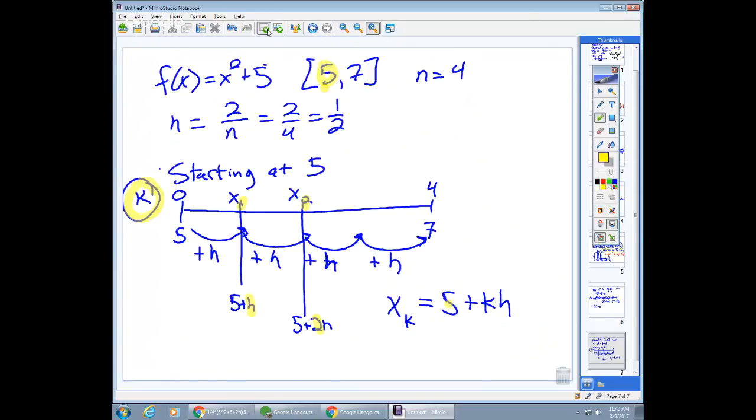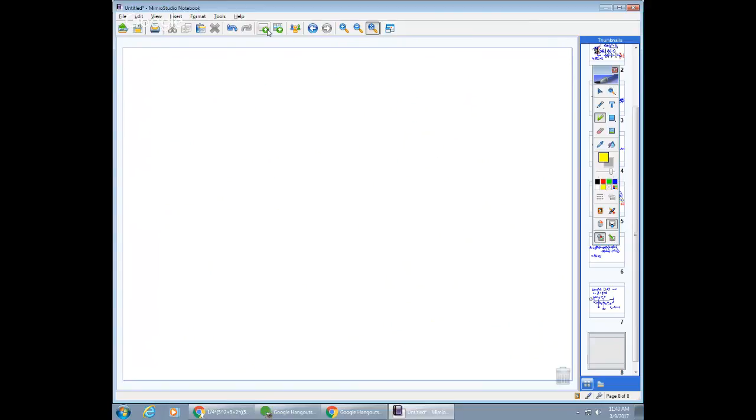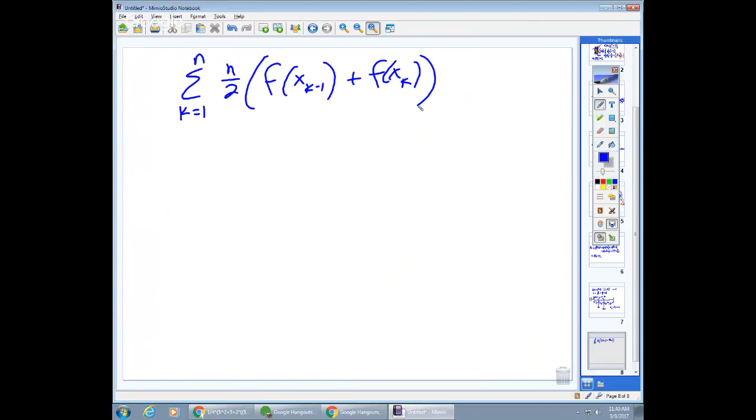The Riemann sum version says you want the sum as k goes from 1 to n of h over 2 times parentheses f of x sub k minus 1 plus f of x sub k, is what we determined.